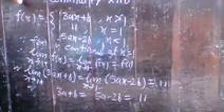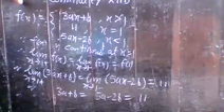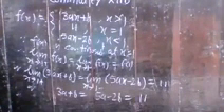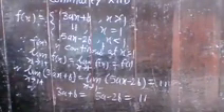Simplifying these two equations and solve for a and b. Yes, a is equal to 3 and b is equal to 2. Yes, correct.